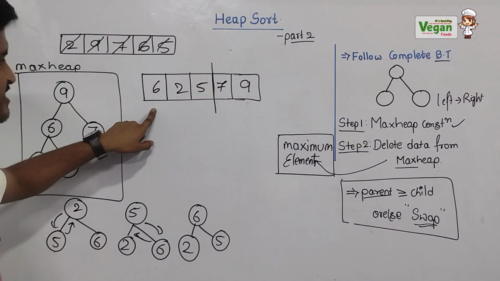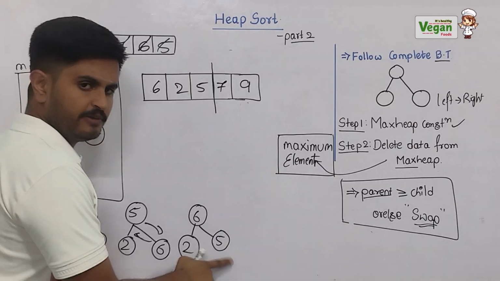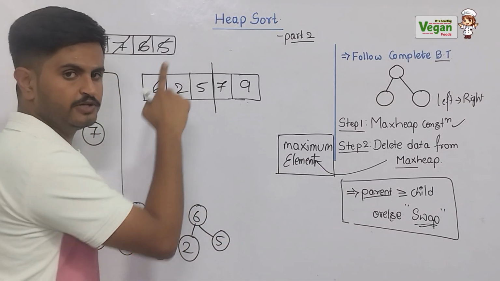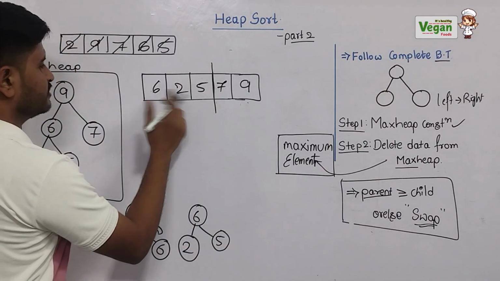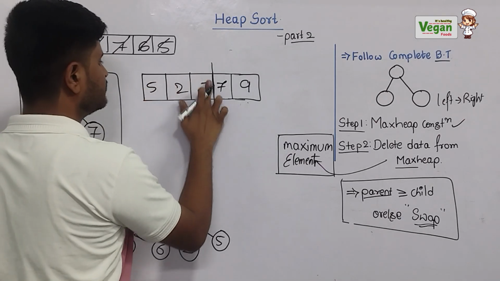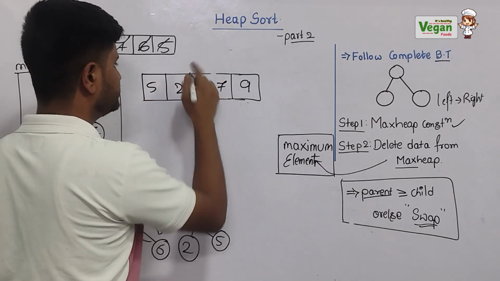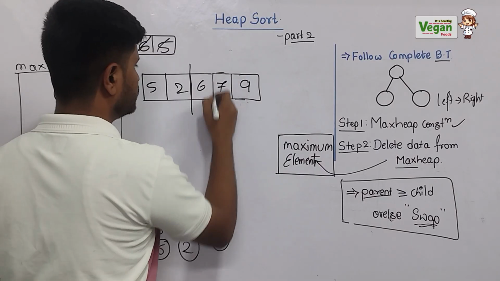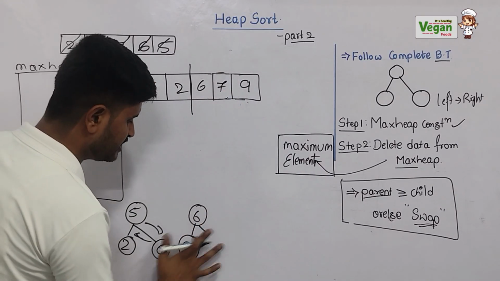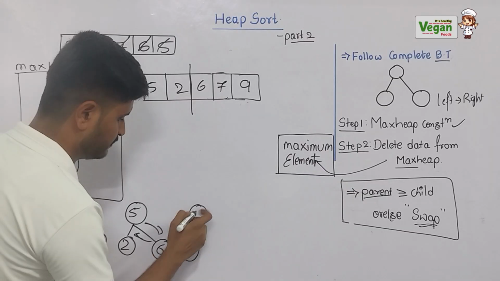Now the maximum element is 6 and the last element to enter is 5. So swap: 5 will be here, 6 will be here, and 6 is deleted. Now 6 is deleted, so we replace 6 with 5.